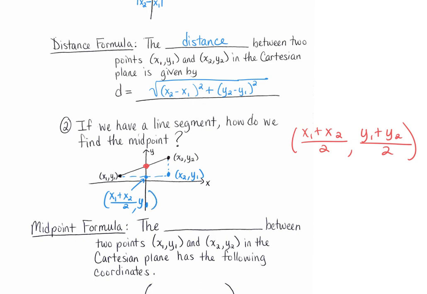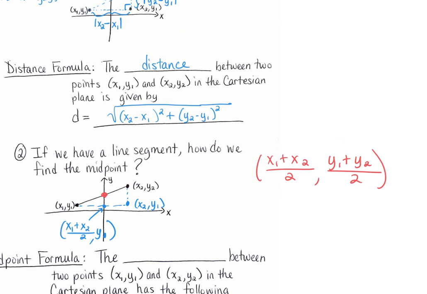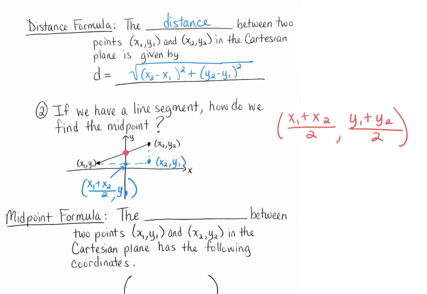If you want the midpoint of this line, that's given by x2, comma, y1 plus y2, all of that over 2. Then the red point, which is the midpoint of the line in question, is given by this. So there's your midpoint formula.